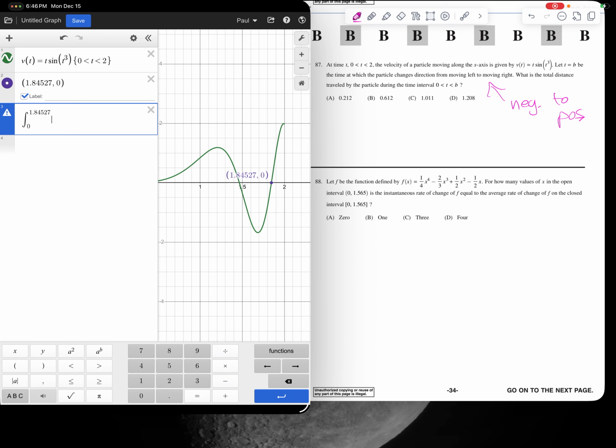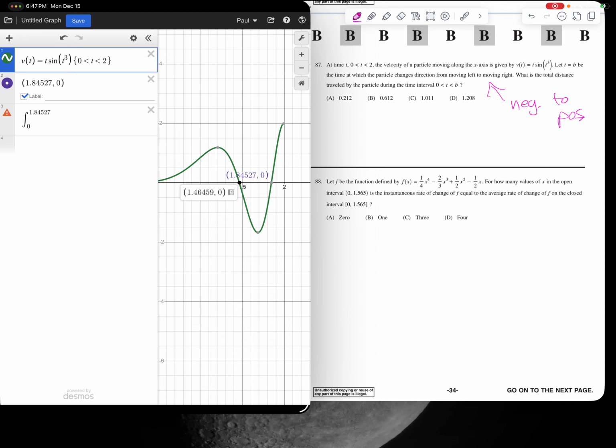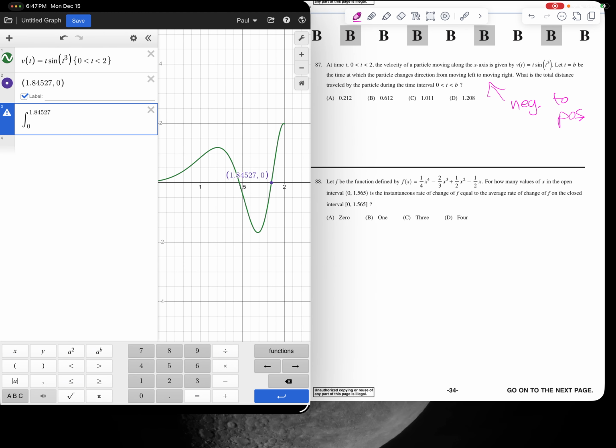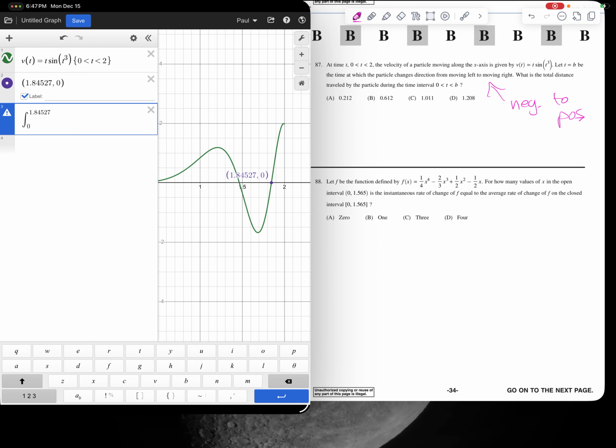The thing is, the particle's moving to the right while it's positive, to the left while it's negative. If I just take the integral of v of t, I'm going to get displacement. I need to make that negative area positive. I could do that by separating this into two separate integrals, grabbing that 0 point, but there's a simpler trick. I am going to go over to ABC.